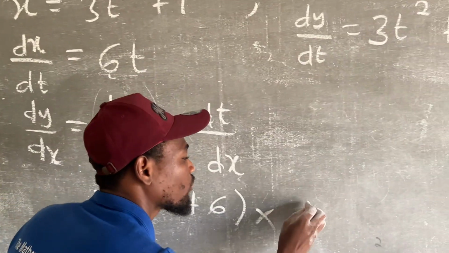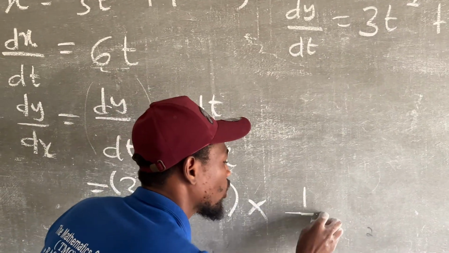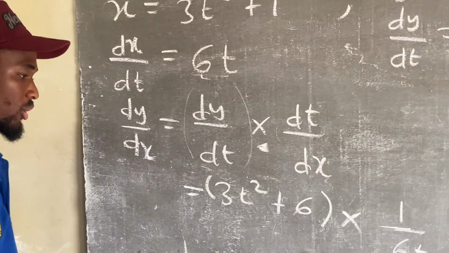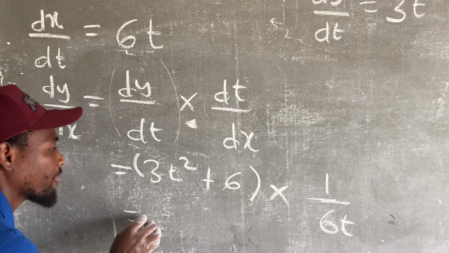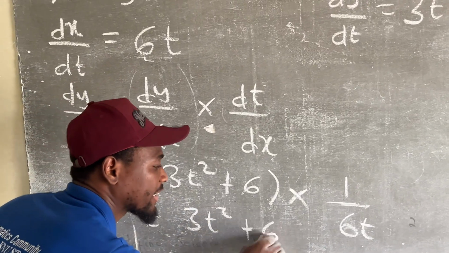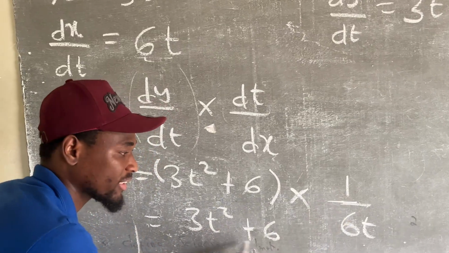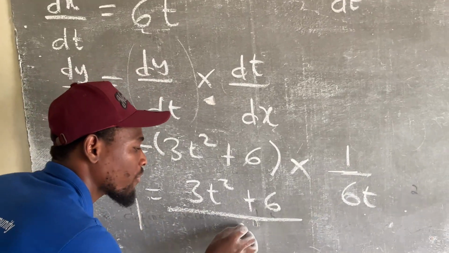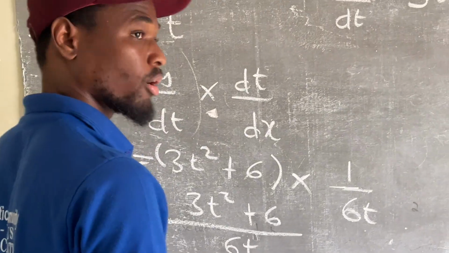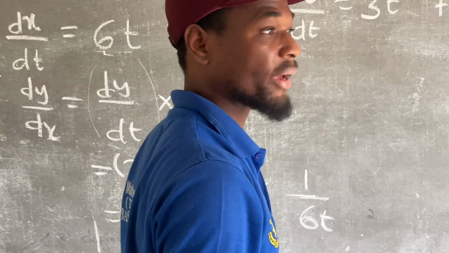So therefore, I have 3t squared plus 6 times 1, all over 6t. So viewers, let's work out the rest here.